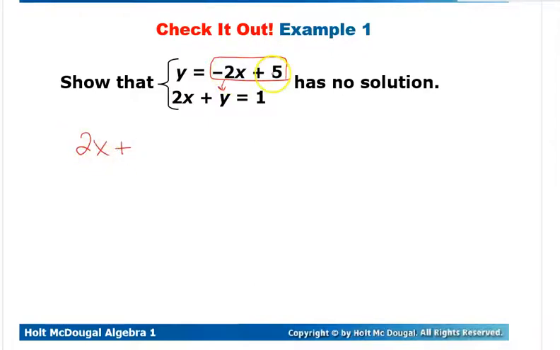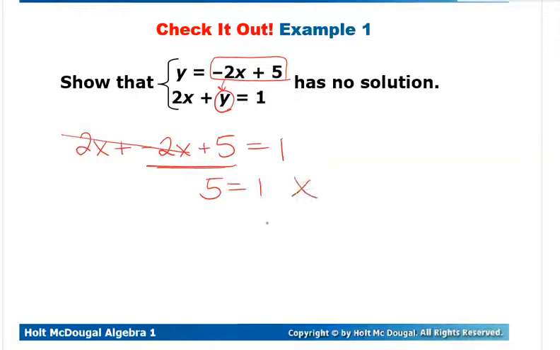So 2x plus, okay, well this is y, so I'm going to plug that in, equals 1. See, I just plugged it in for that. Now I'm going to clean it up, and I get 2x minus 2x, that goes away, and then I get 5 equals 1. Well, that's not true. So this shows that we have no solution. That would be an adequate way of showing no solution.